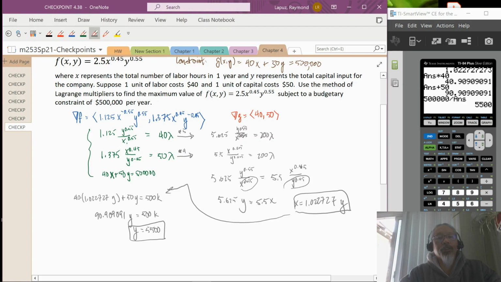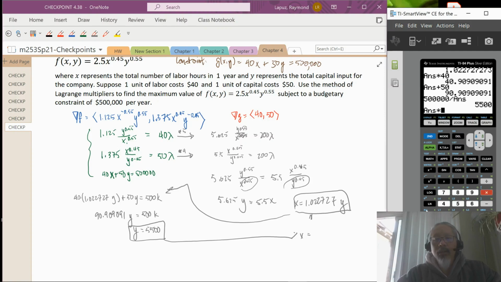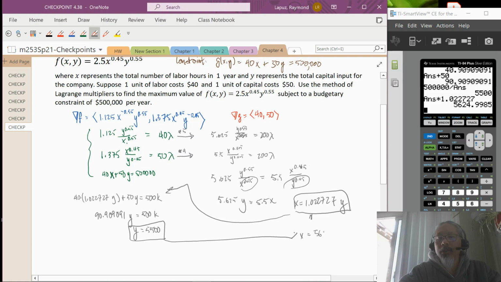Okay, so that's how much capital we need to maximize, and we will simply put that back in here to get our x value. We'll take that number y and multiply by 1.022727, and we get x is equal to 5624.99.